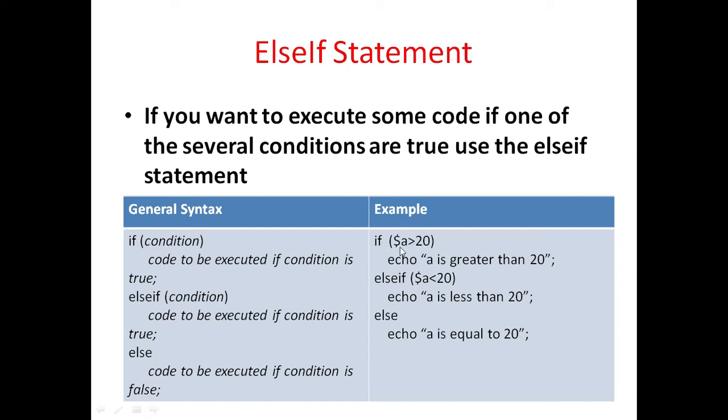An example is: if $a > 20, echo "a is greater than 20", else if $a < 20, echo "a is less than 20", else echo "a is equal to 20". That is, it will first check if the value of $a is greater than 20. If this condition is true, it will print "a is greater than 20", else it will check whether a is less than 20. If this condition is true, it will print "a is less than 20", else it will print "a is equal to 20".